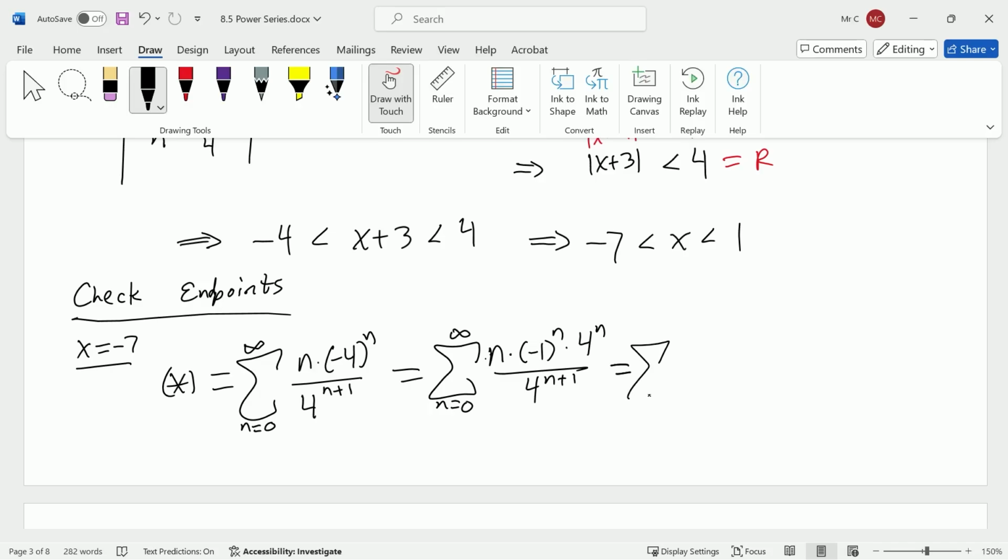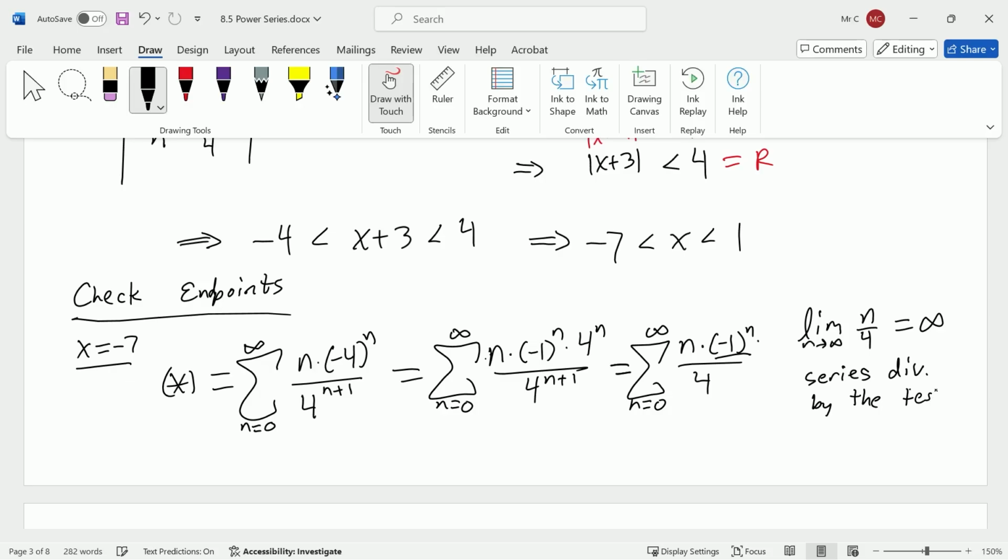I get left with a 4 in the denominator. And we end up taking a very similar approach here because we take the limit as n goes to infinity of n over 4. Right, this is my positive portion. I'm ignoring the alternating portion. That's infinity. So the series diverges by the test for divergence.